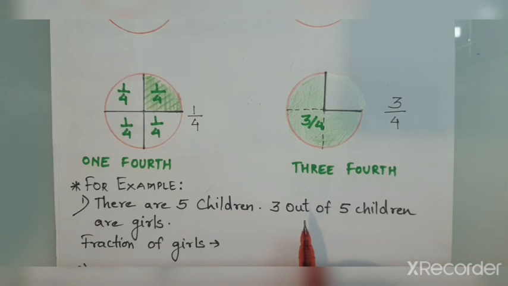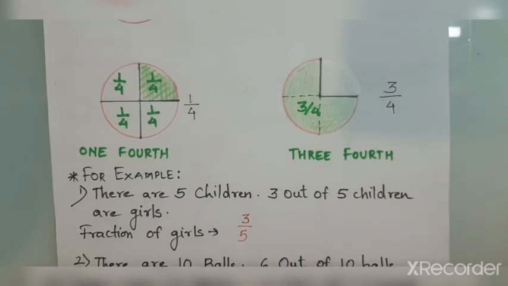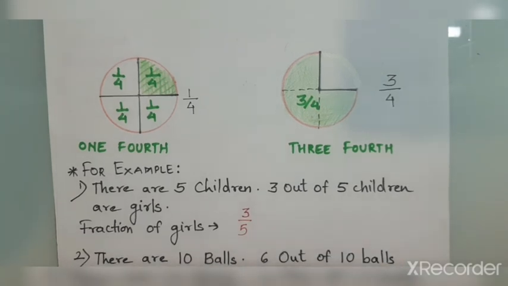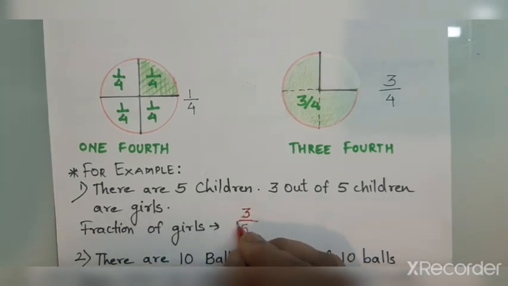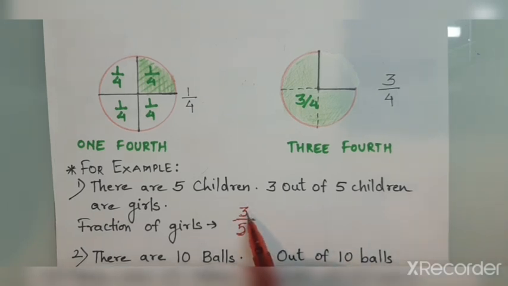So 3 children out of 5 children are girls, and therefore the fraction of girls becomes 3 upon 5. So we write the part upon the whole.